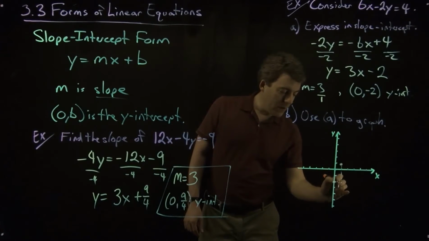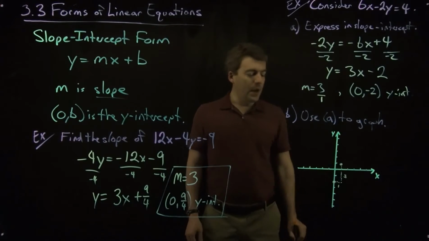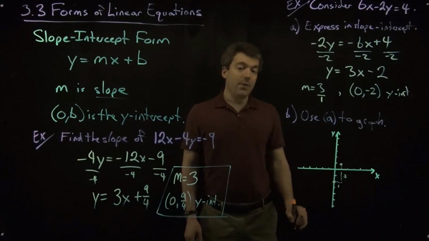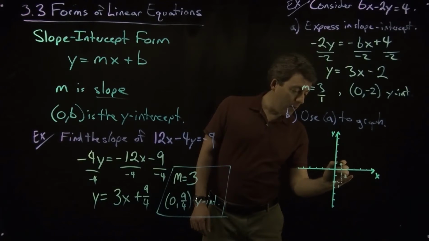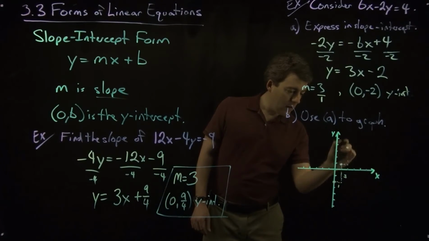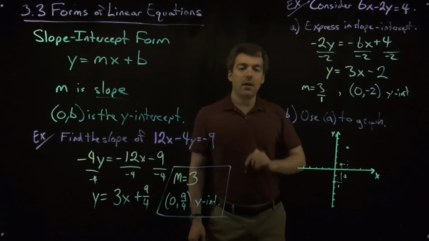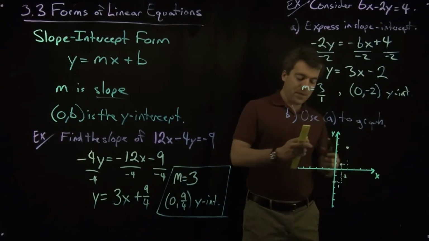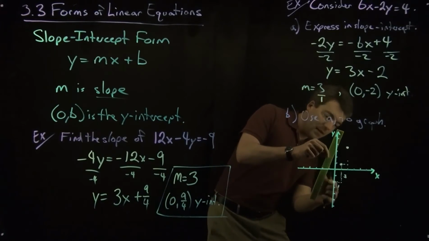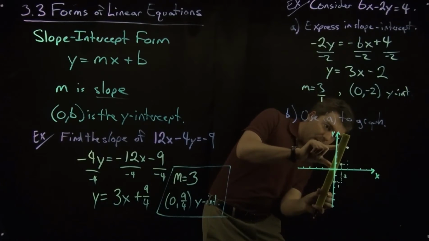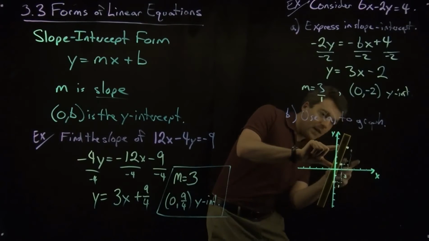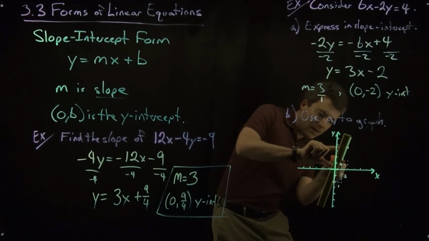That's 1 over and 3 up. If we want another point, we can just go over 1 more and up 3. 1, 2, 3. And that gives us our line. So we line that up and sketch our line.